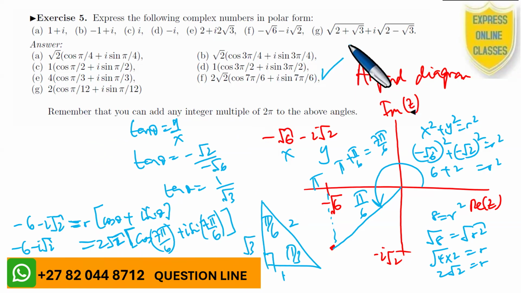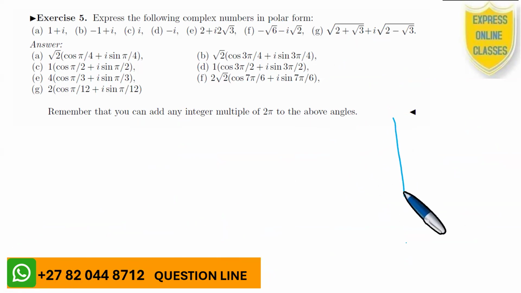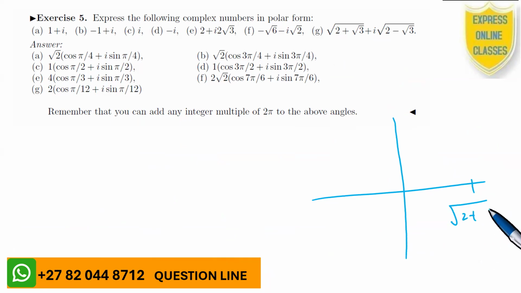So now we're going to try G, this one, because I'm also going to write it in polar form. All right. So then now you have this one, which is 2 plus the square root of 3.